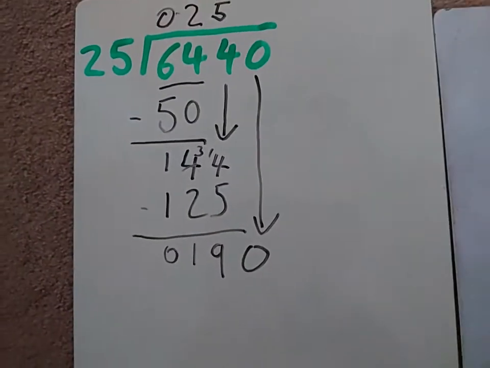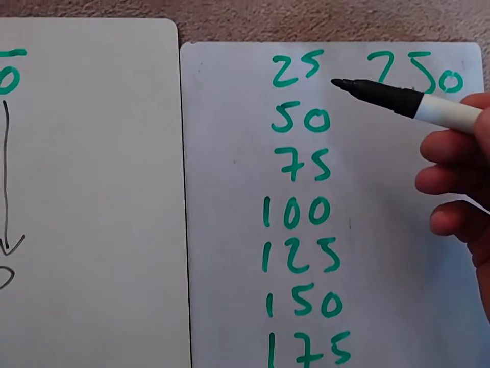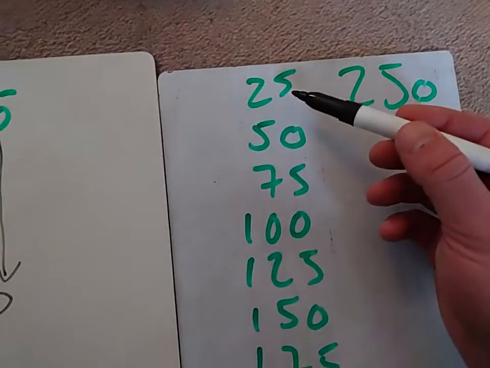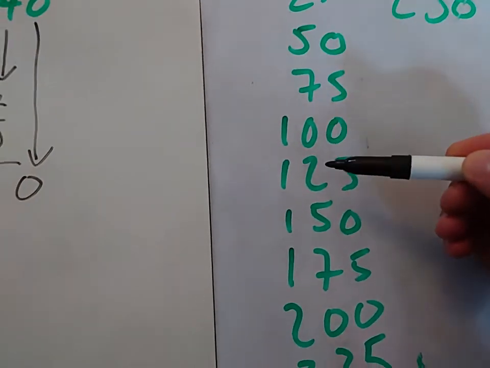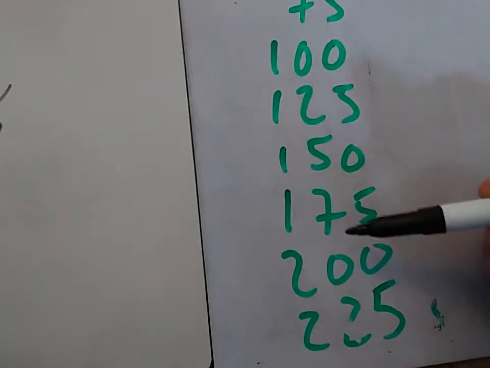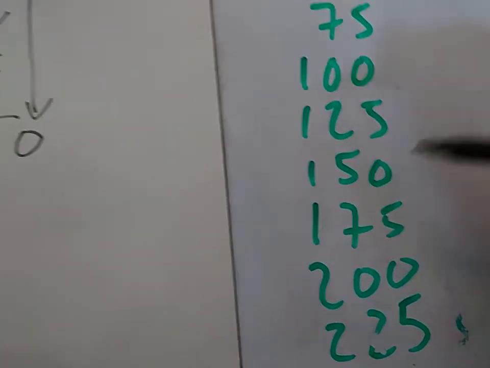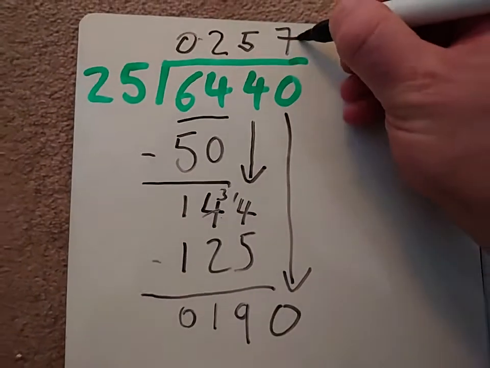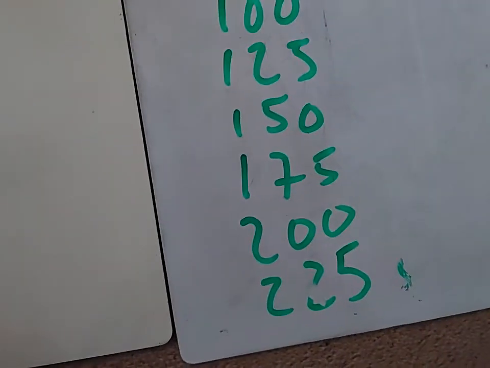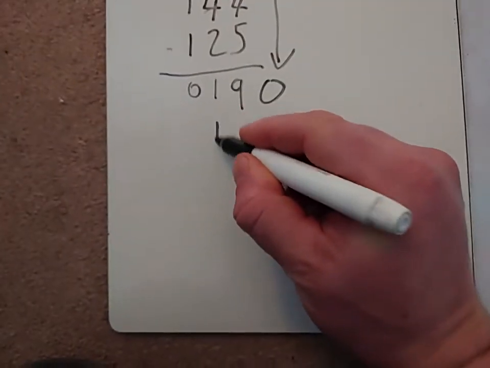How many times does 25 go into 190? 1, 2, 3, 4, 5, 6, 7, because the next number's too big. So 7, but I didn't get to 190, I only got to 175.